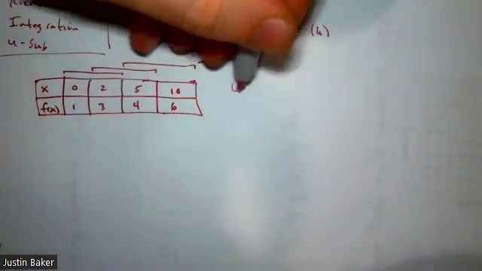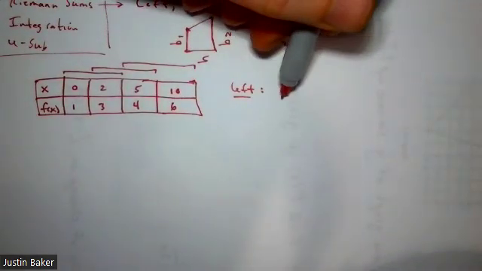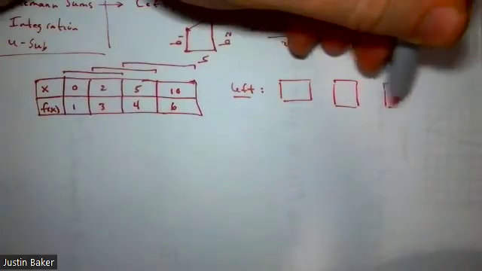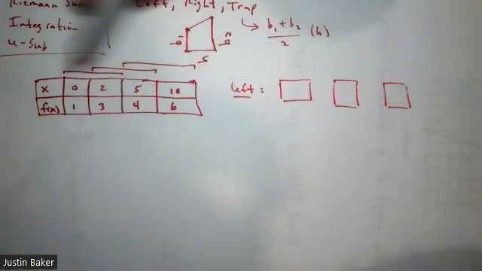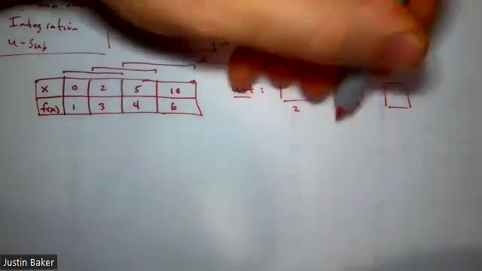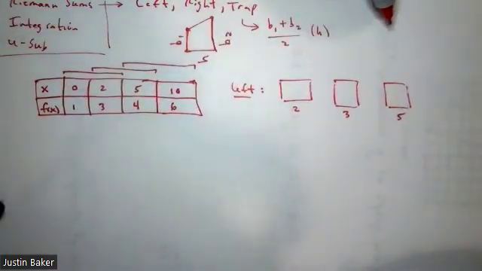So if we were going to do a left Riemann sum, we're going to start by making three rectangles. And then the width of the rectangle is determined by the x values. So from 0 to 2 is 2, 2 to 5 is 3, and 5 to 10 is a width of 5.